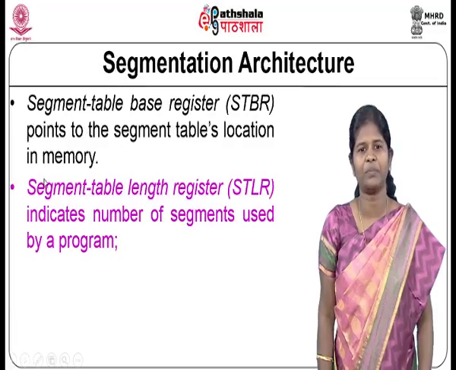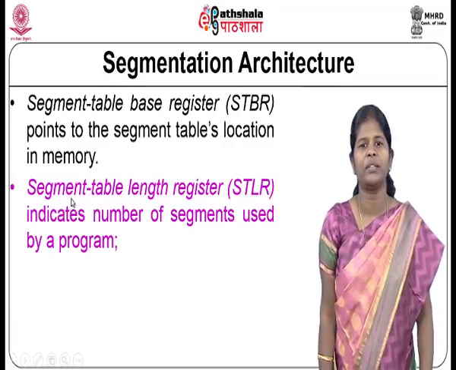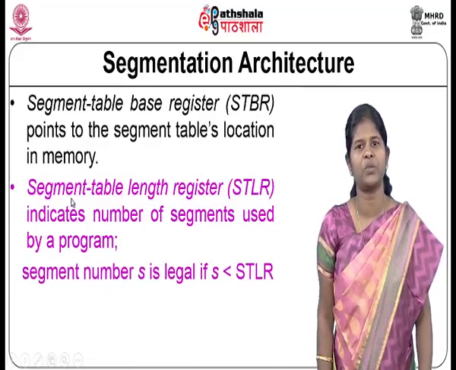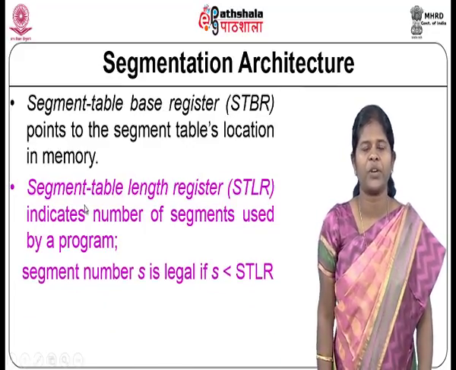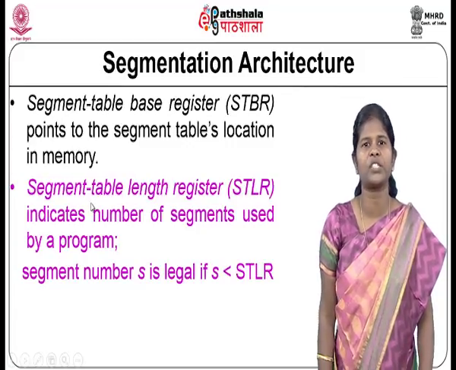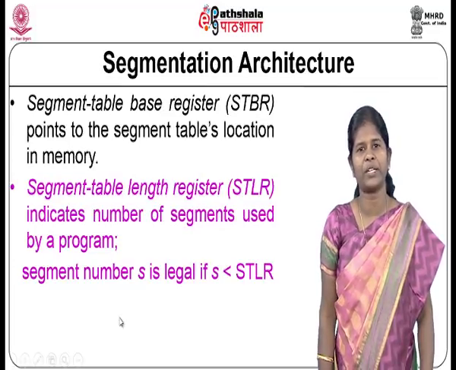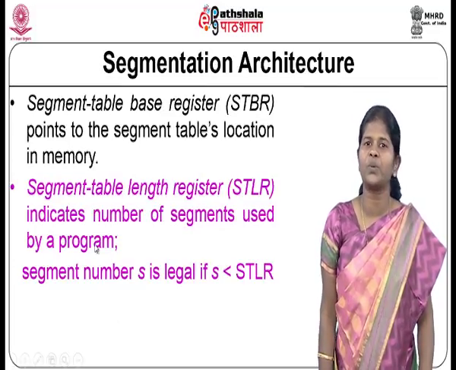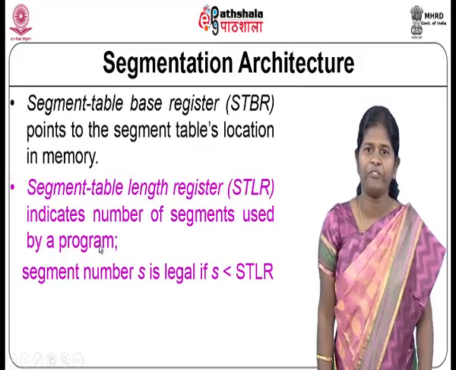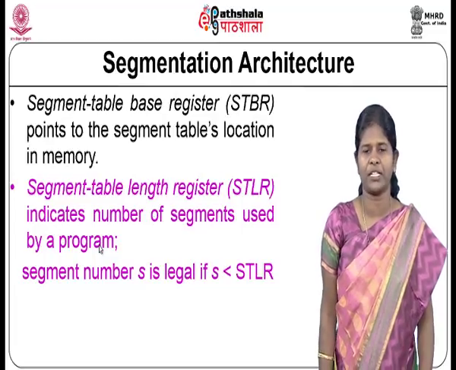So, the segment table length register stores the number of segments used by the program. If there are 10 segments in the program, the segment table length register will store a value of 10. Whenever a segment number is generated to look into the segment table, you first check if the segment number is less than the value stored in the segment table length register.